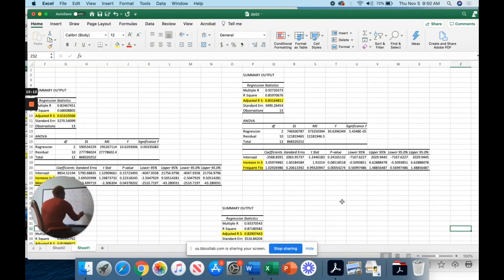Increase in salary. And X3, according to the table, was frequent flyer miles. Frequent flyer miles. Okay. So these are the two variables that give the best model in predicting how much debt you have on your credit card.